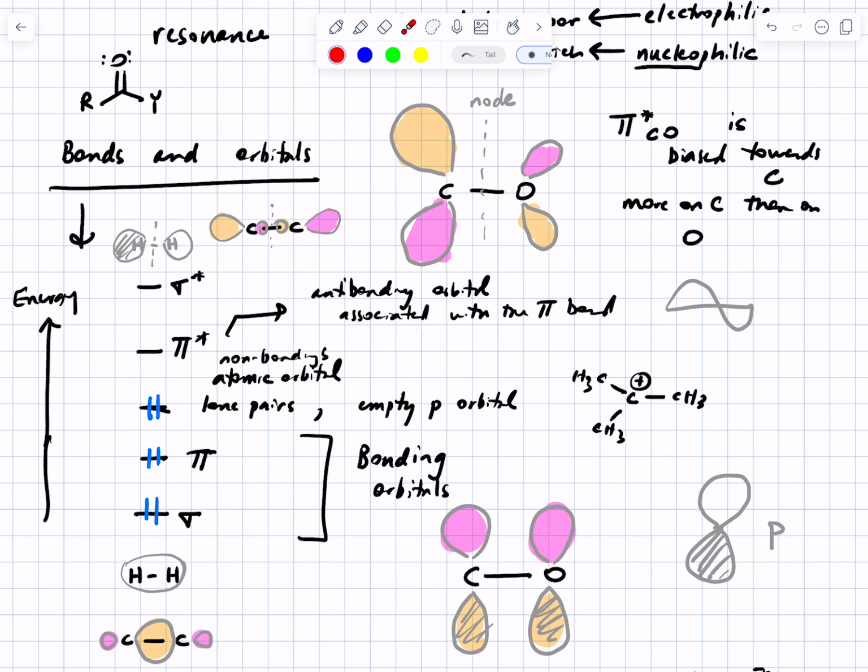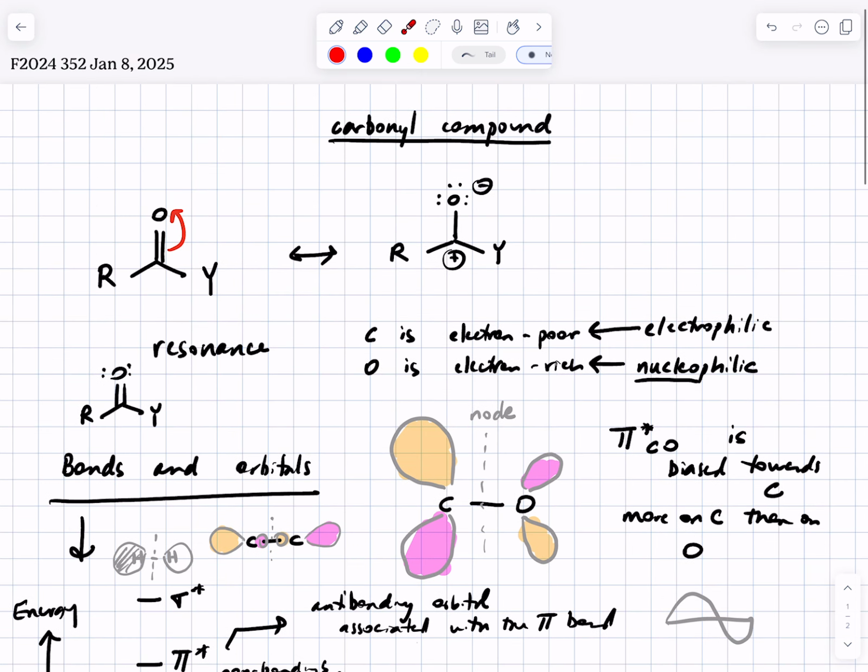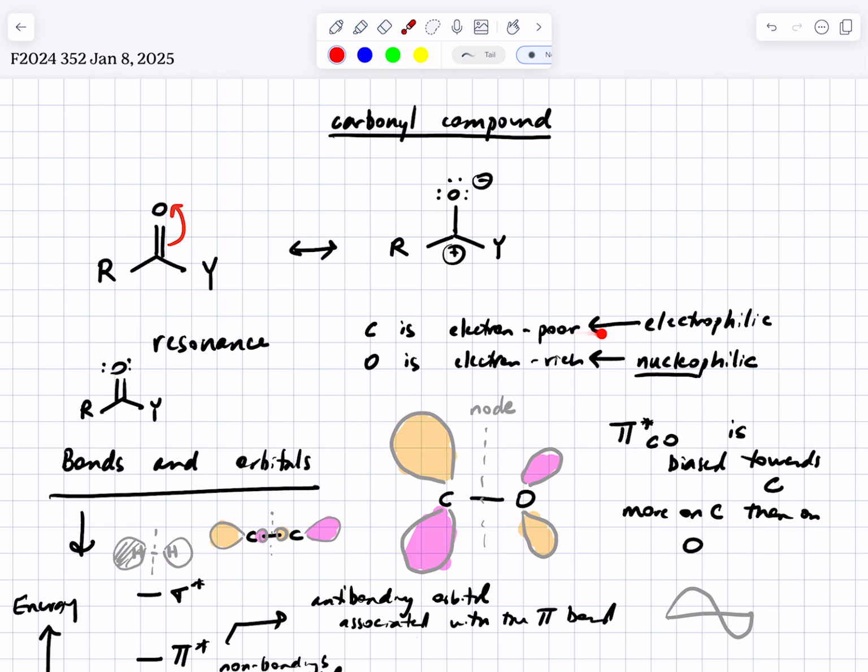So if a nucleophile were going to attack this molecule, the only place it could put its electrons would be in the pi star, right? And where is the pi star? Mostly on the carbonyl carbon, which is exactly what resonance told us when we said that the carbonyl carbon is electron poor, okay?